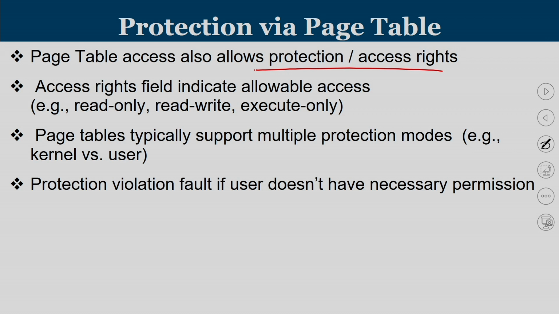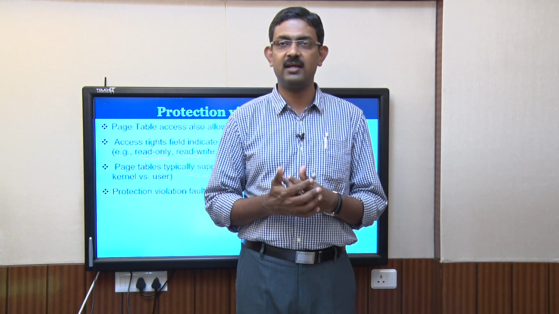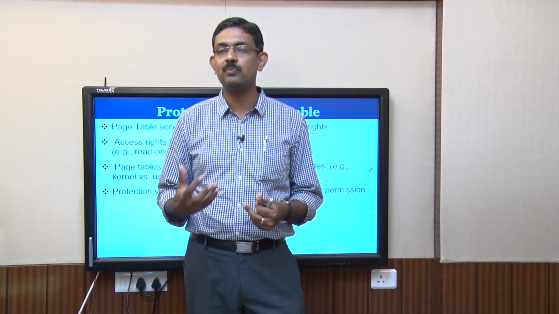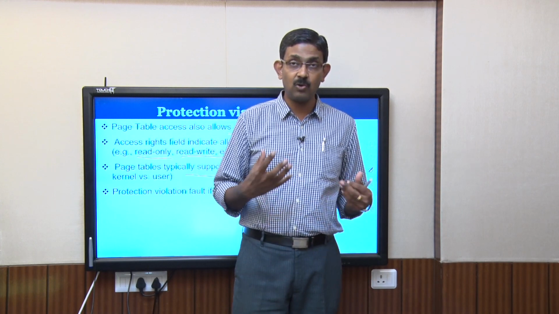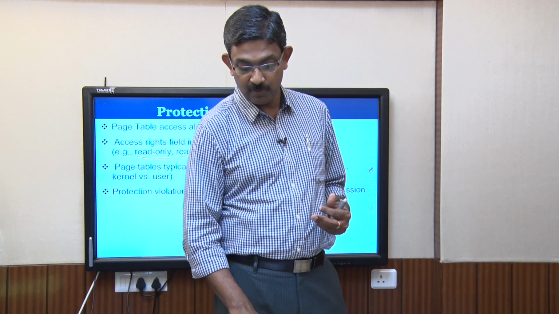Access rights mean whether a program can be only in read-only mode, or somebody can write on it, or somebody can execute it. The page table typically contains a few extra bits which will tell you whether the processor can perform only read, or read or write, or execute. So different kinds of modes are there. The additional bits in the page table will tell you whether a processor is allowed to perform that particular operation. Protection violations sometimes have to be handled in separate cases.